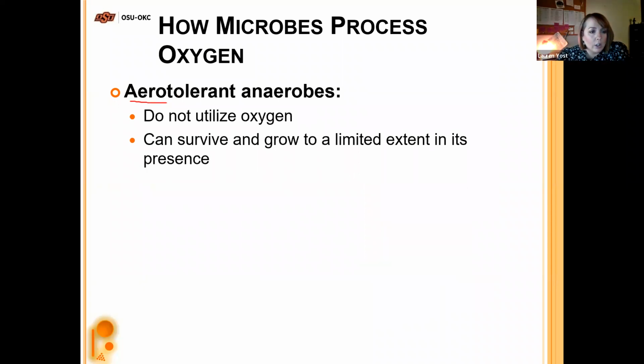Aerotolerant. There are some that are aerotolerant, so oxygen tolerant ones that don't use oxygen. All right, so that's what that wording is going to mean. Aerotolerant anaerobes do not use the oxygen, but they can survive it to a limited extent.